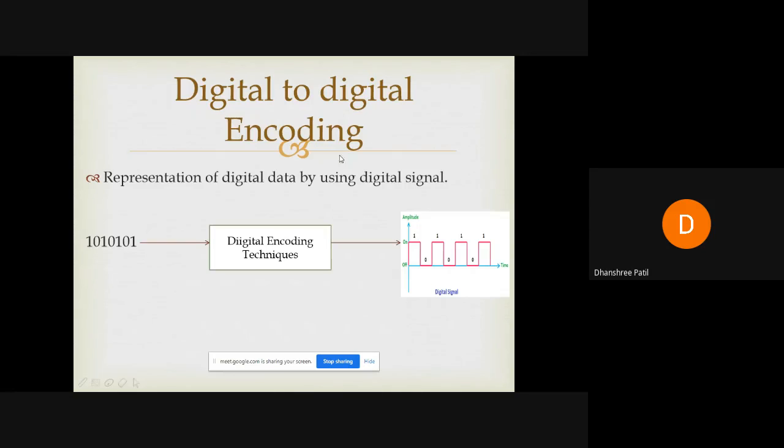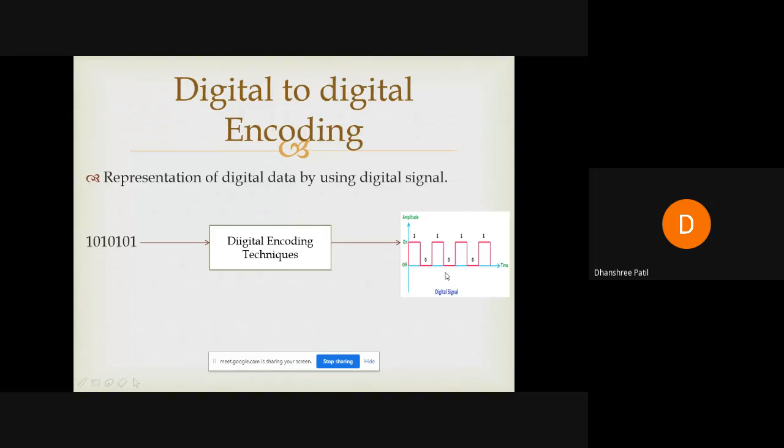Now, as I told you, we are going to encode digital data to a digital signal. You can see here we have this data, 1010, which is digital data, and we are going to represent it in a digital signal. We have seen the types of signal, analog and digital. This is the digital type of signal, where the square pulses represent the data.